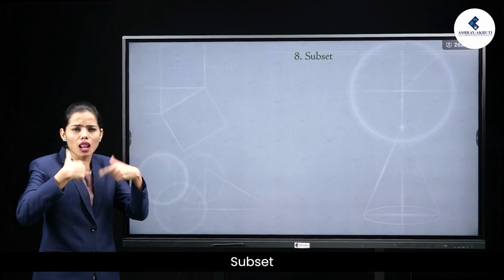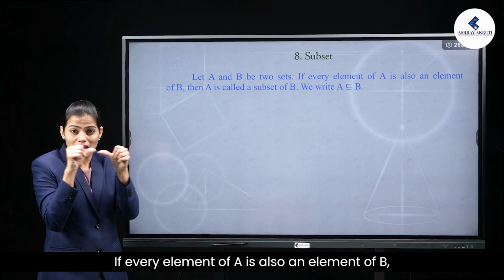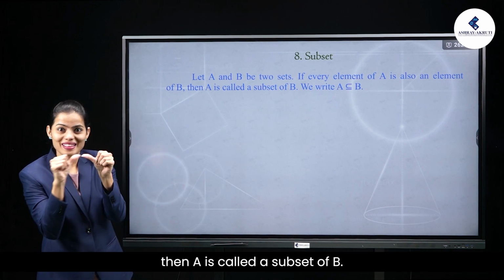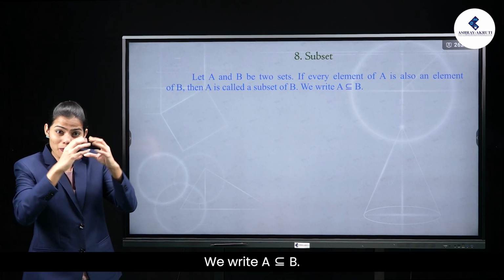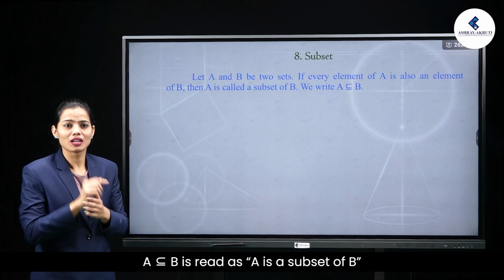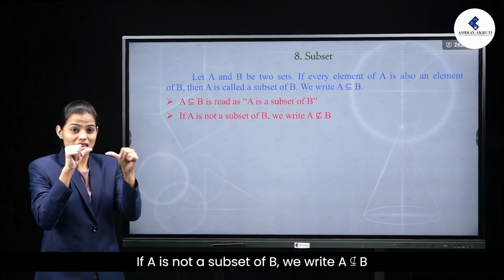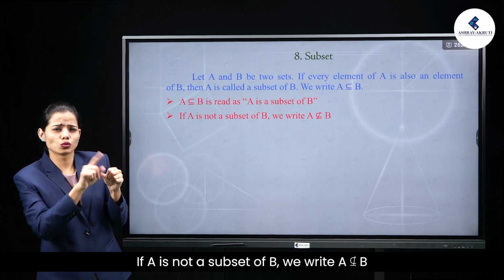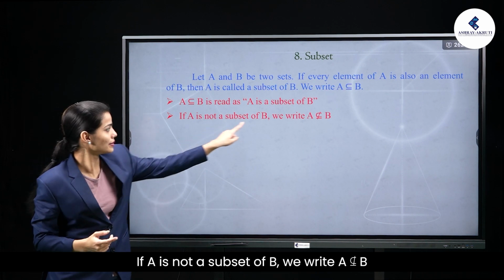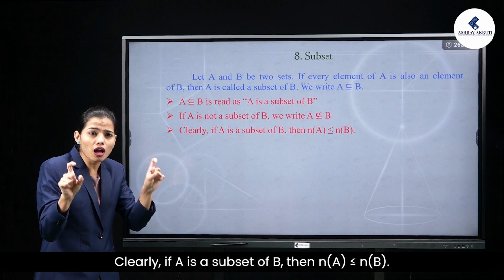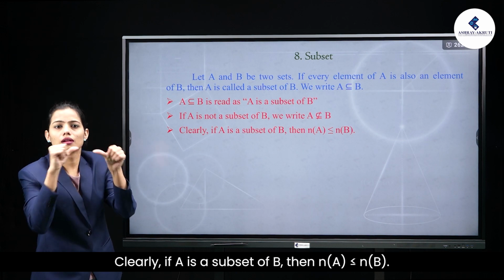Subset. Let A and B be two sets. If every element of A is also an element of B, then A is called a subset of B. We write A ⊂ B, read as A is a subset of B. If A is not a subset of B, we write A ⊄ B. Clearly, if A is a subset of B, then n(A) ≤ n(B).